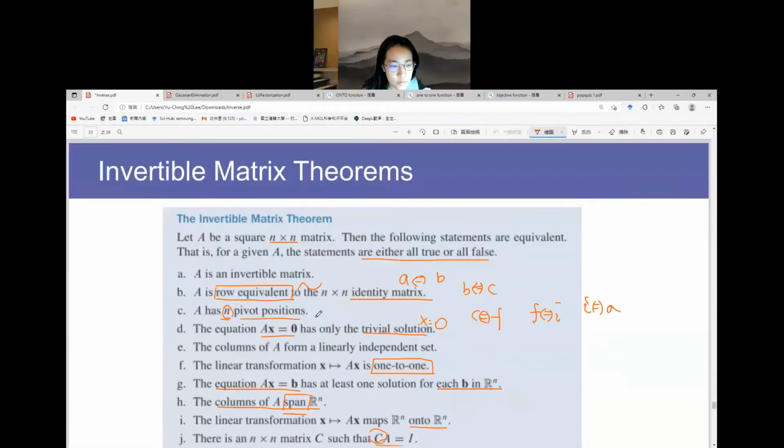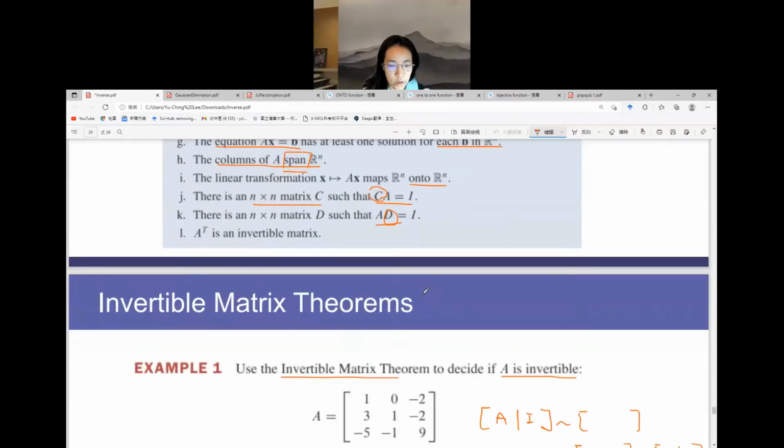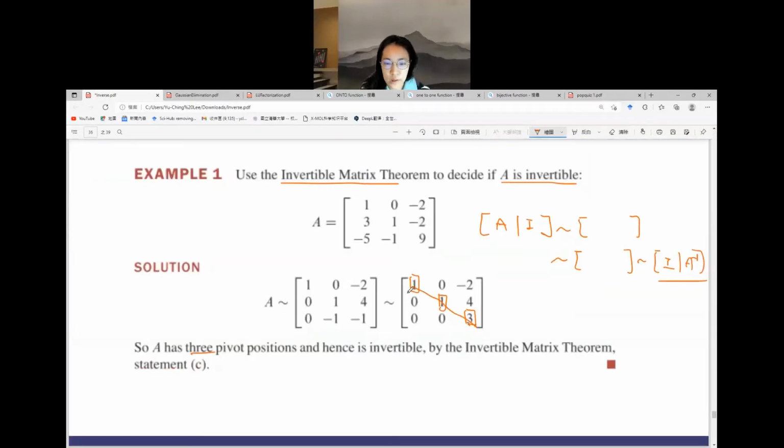Item C is true. A has 3 pivot positions, and therefore all of the others should be true. So according to the theorem, A is invertible.